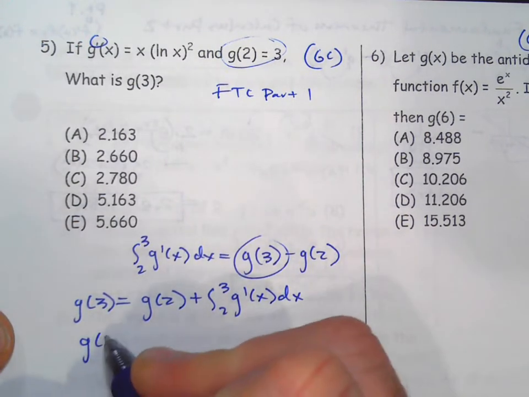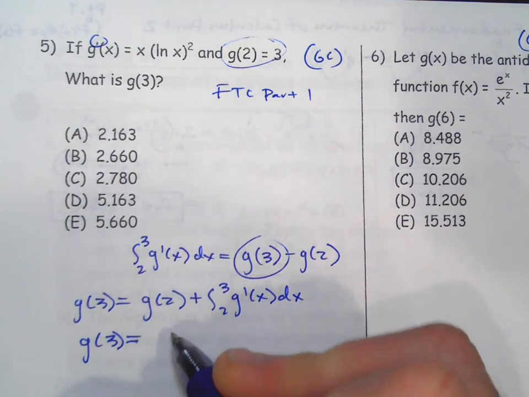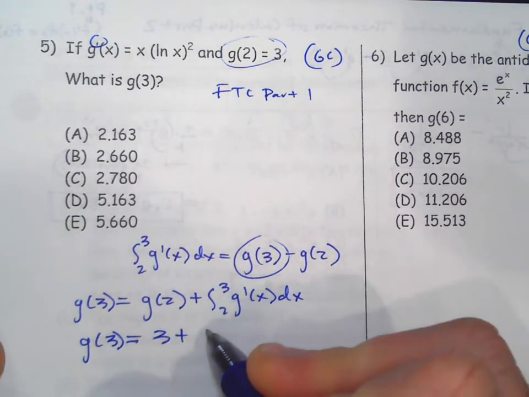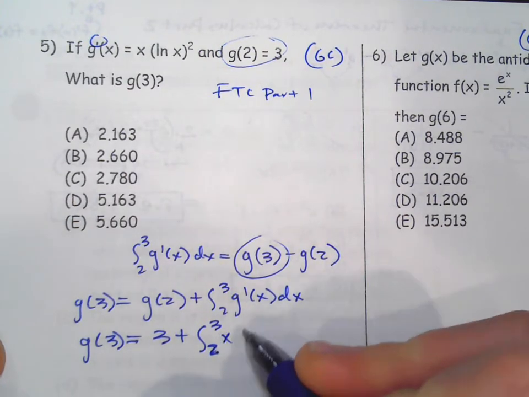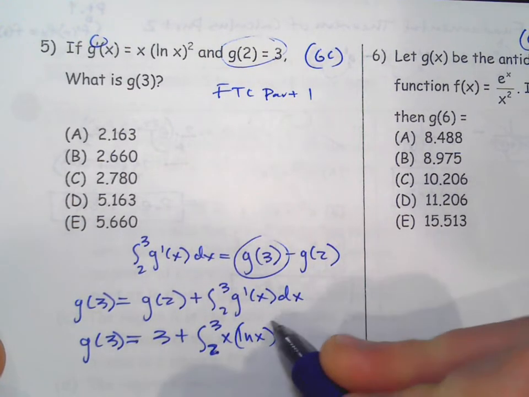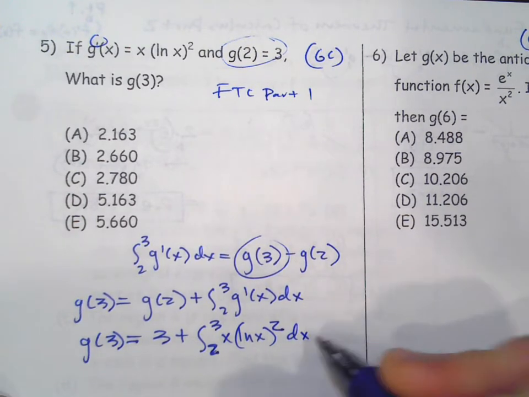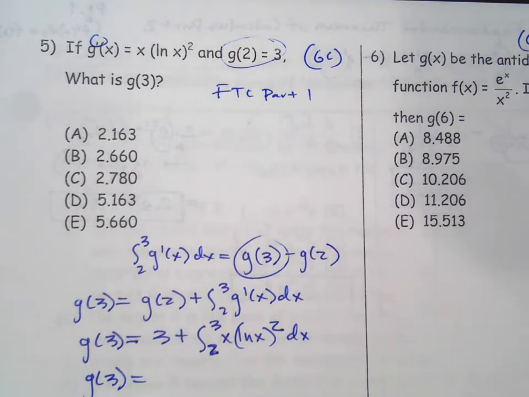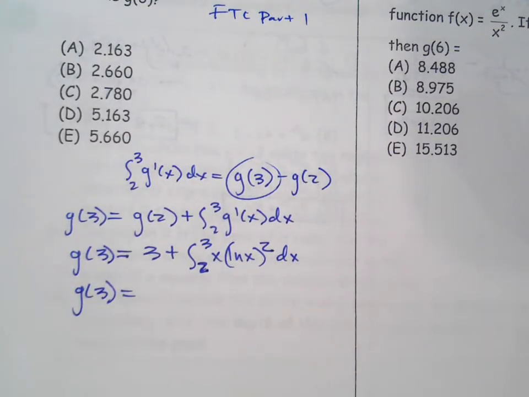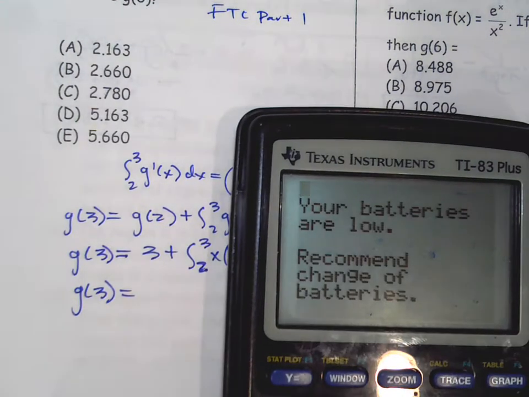And then I'm going to replace g2 with the value of 3 plus the integral 2 to 3 of, you want to show these setups, g prime is x natural log of x squared, which I don't know if we would actually be able to integrate by hand. But the good news is you have a calculator. So we'll just put all this into our calculator.